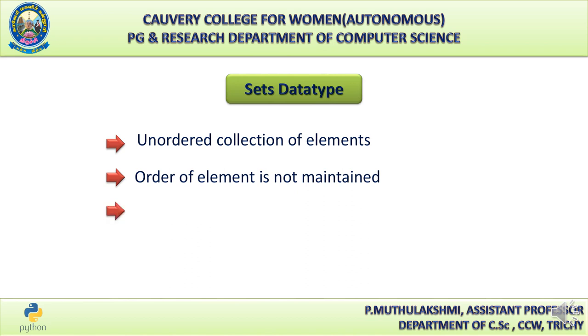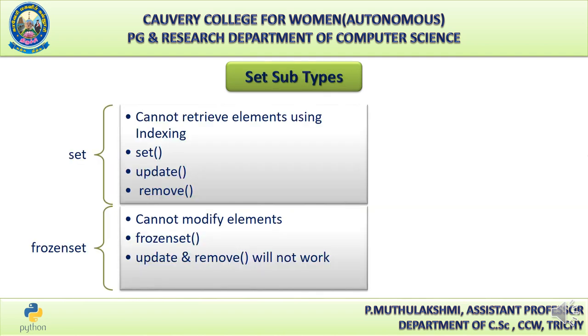And also, sets do not accept any duplicate values. There are two types of sets. First one is the set data type and the second one is the frozen set data type.